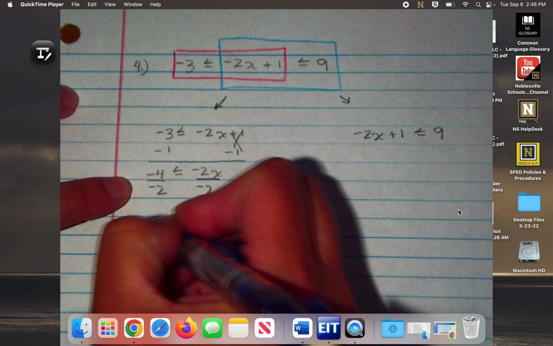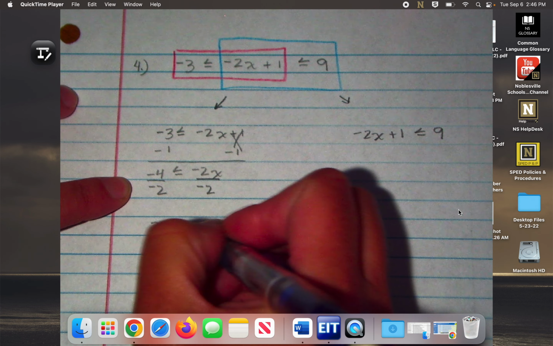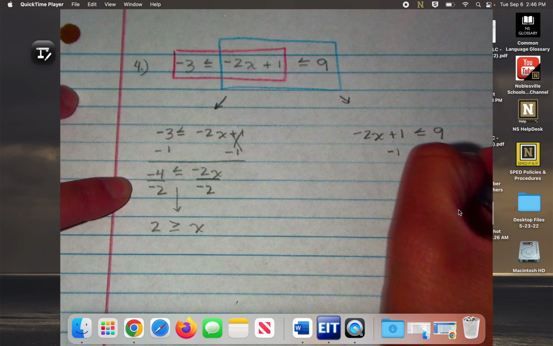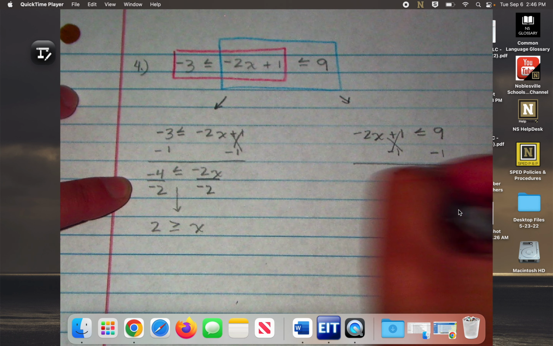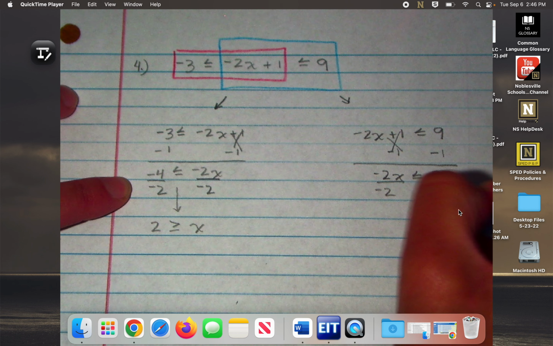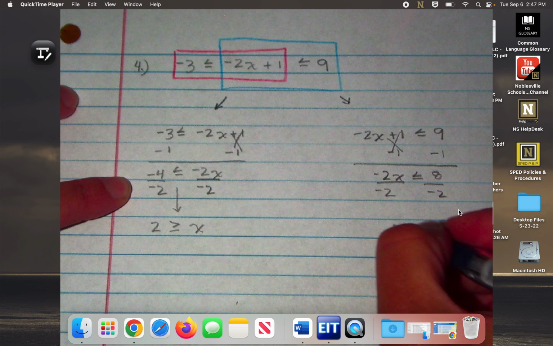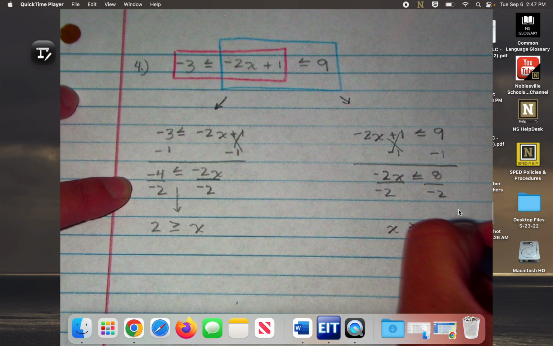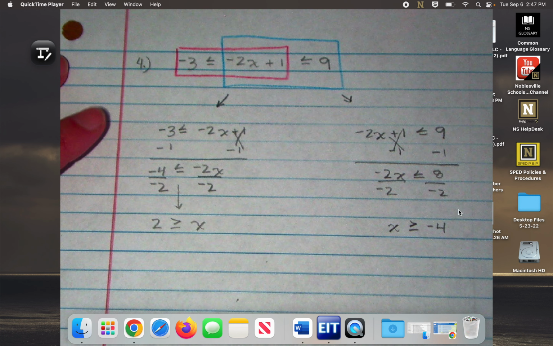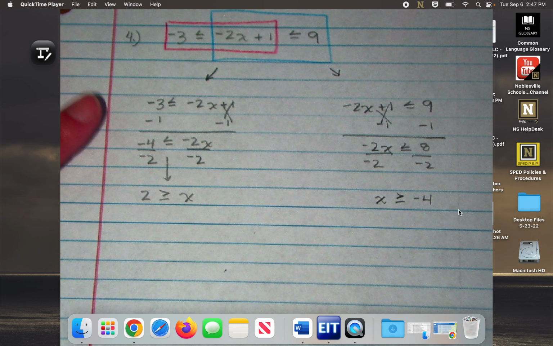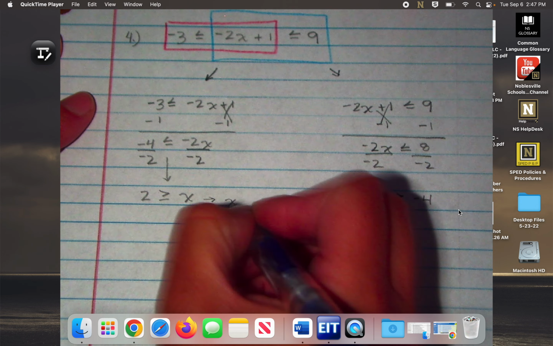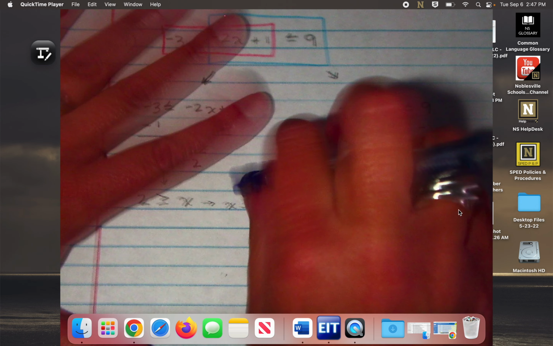So I'm going to have 2 is greater than or equal to x. This one's going to flip as well. I'm going to rewrite this one as x is less than or equal to 2.